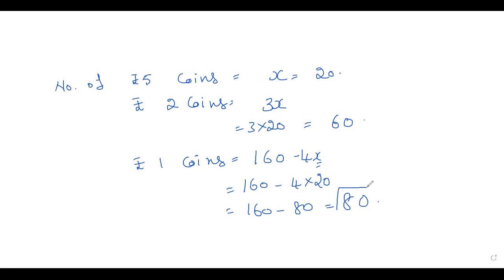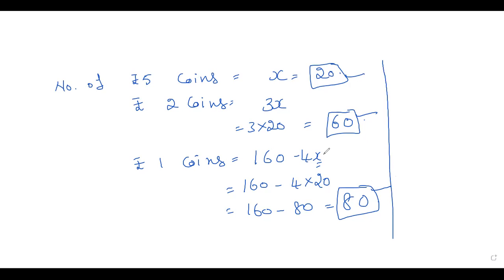Okay, children. So these are the answers. 5 rupee coins are 20, 2 rupee coins are 60, 1 rupee coins are 80. Okay, if you want to verify the answer, you can verify. So 20 coins of 5 rupees. So what total amount do you get? Okay, see, we had taken x, now is it understood? 5 into 20 is 100.